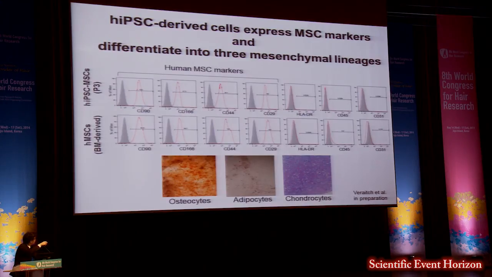The generated human MSCs express the human mesenchymal markers as indicated here. These are the positive control, but not the bone marrow lineage markers. And importantly, those cells can be differentiated into osteocytes, adipocytes, and chondrocytes, demonstrating that they are mesenchymal stem cells.